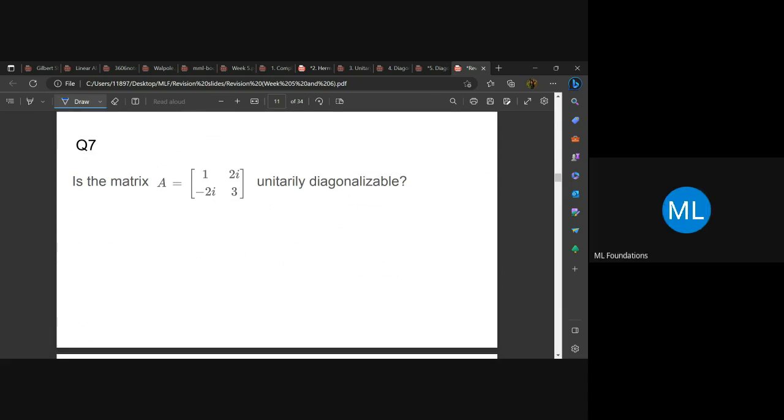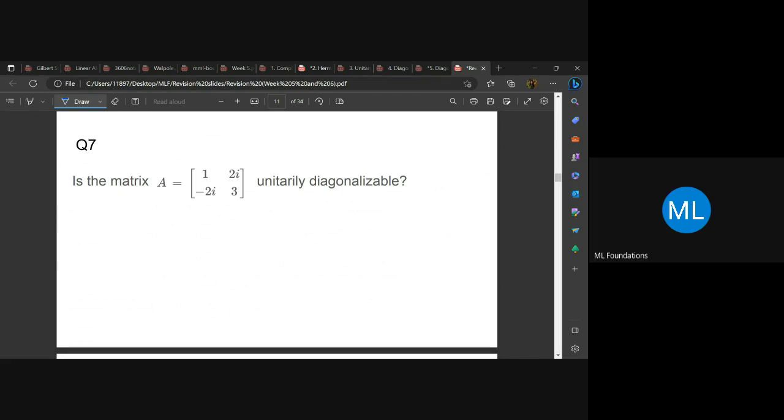So the next question is, is the matrix A unitary diagonalizable? It is, ma'am. Why is that? A is Hermitian, and you know that if a matrix is Hermitian, it is unitary diagonalizable.